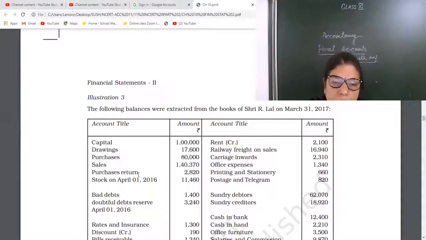Purchase return is minus from purchase to find out the net purchase. Then stock on 1st April 2016 is opening stock and we have to show it in the debit side.